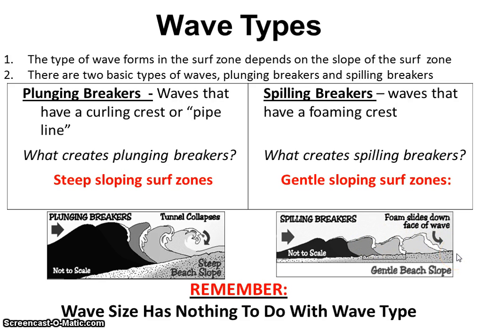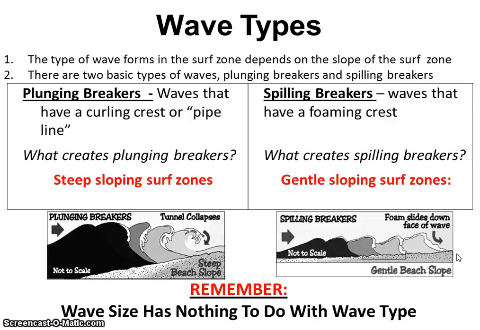It's really important to understand, and for me to point out at this point, that spilling breakers and plunging breakers are created by the surf zone. They're not created by wind. Wind determines the size of the wave you see. The surf zone determines the type of the wave you see, plunging or spilling breakers.